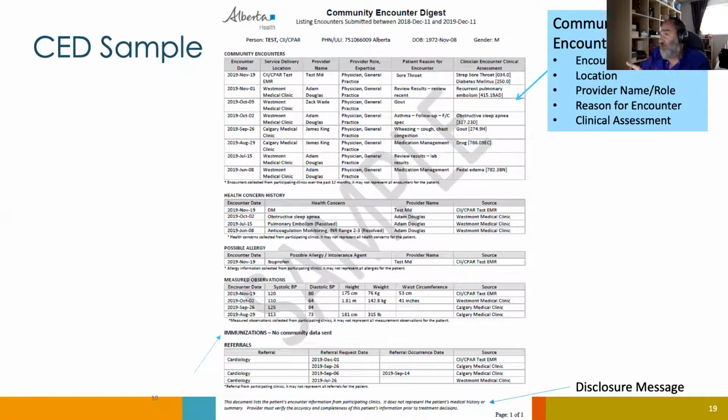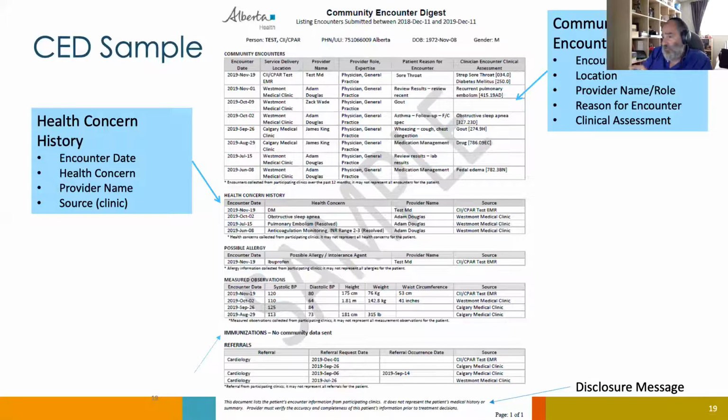Basic information there is when it happened, where it happened, who it happened with, and what their role is. Did they see a surgeon? Did they see a general practitioner? Who was the appointment with? Then the patient's reason for encounter, so what the patient said they were coming to be seen for. And then the clinician's encounter clinical assessment or diagnosis. We'll see where each of those comes from in a minute.